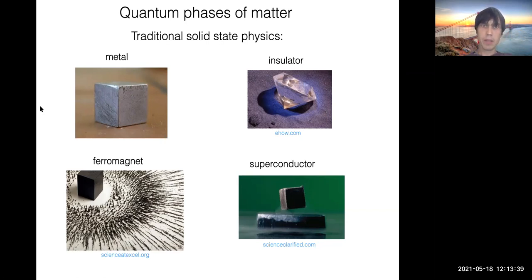Another point is that typically one thinks about the top two examples, a metal and an insulator, as examples of free fermions. A metal and a band insulator can be understood from a free fermion perspective. Traditionally, the bottom two examples, the ferromagnet and the superconductor, are understood as being driven by interactions between the electrons, or maybe mediated by phonons.